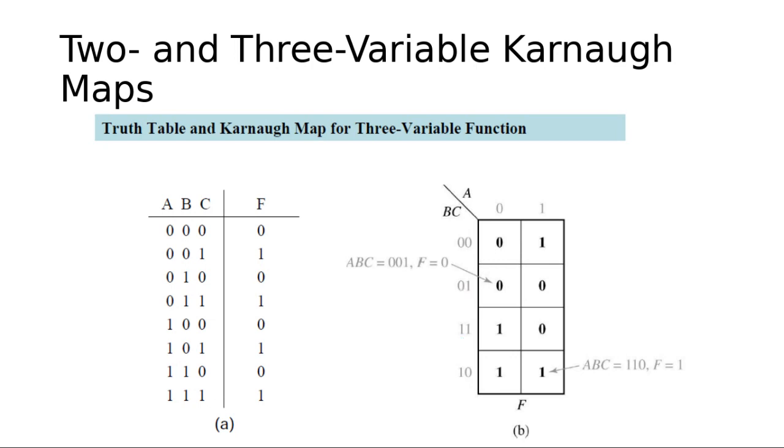So we have 4 variables in the 2 input sides: 0, 0, 0, 1, 1, 1, 1, 0.